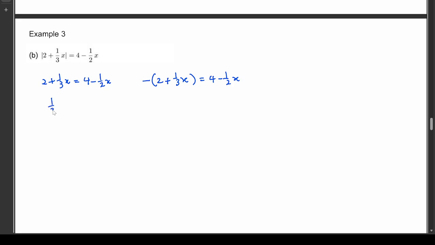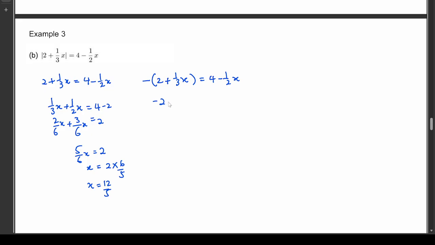So you solve the positive case here, which is plus 4 minus 2. So this is common denominator. Bring it over, flip the fraction. So you got one answer here.